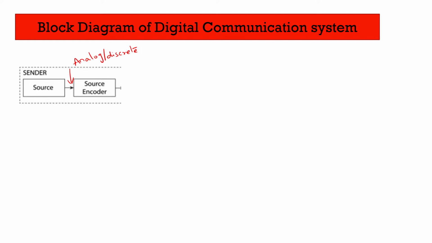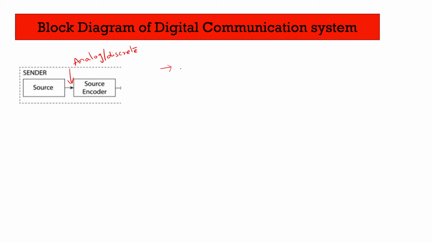The symbols which are produced by the information source are given to the source encoder, and these symbols cannot be transmitted directly, so they are to be converted to digital form, nothing but the binary sequence of zeros and ones. So what does the source encoder do for us?